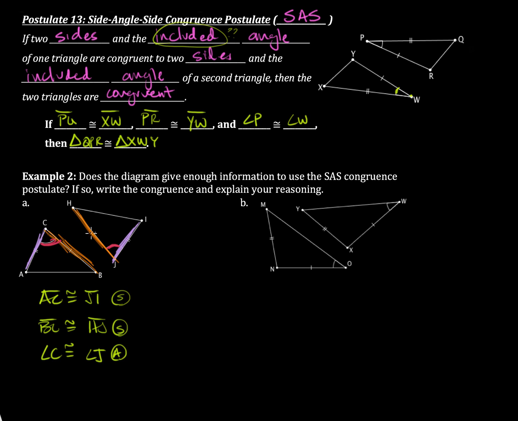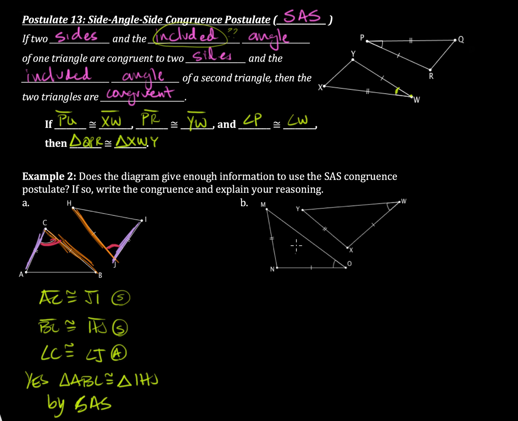I have an orange segment, a purplish segment, and then this pink angle that's between the two of them, formed by those two sides. So that means that's the included angle. So yes, I can say that triangle ABC is congruent to triangle, I'd have to go IHJ by SAS.